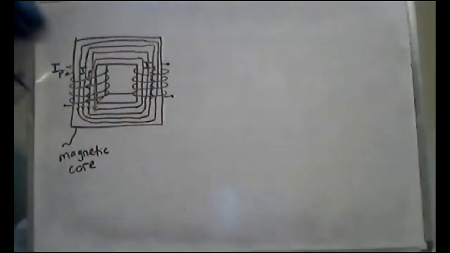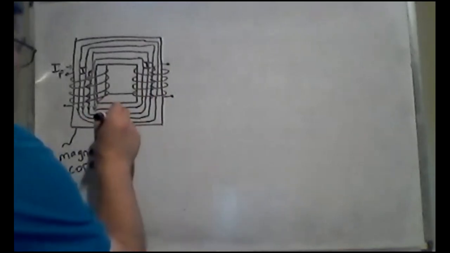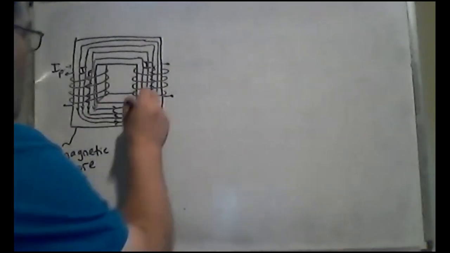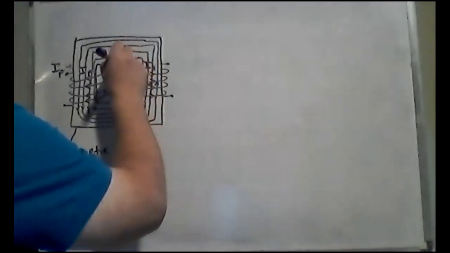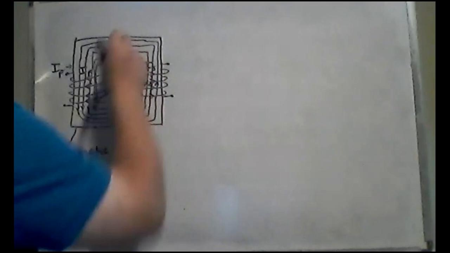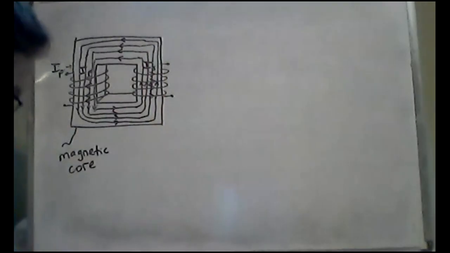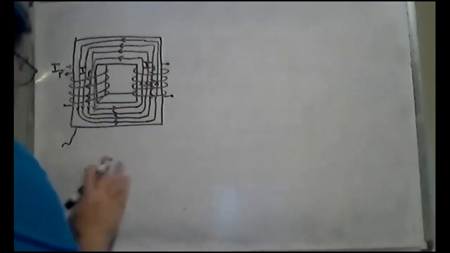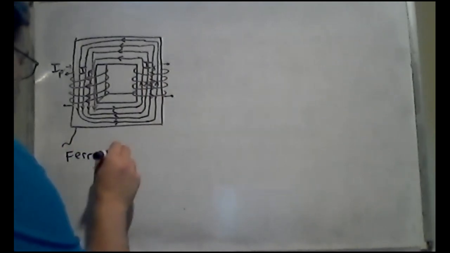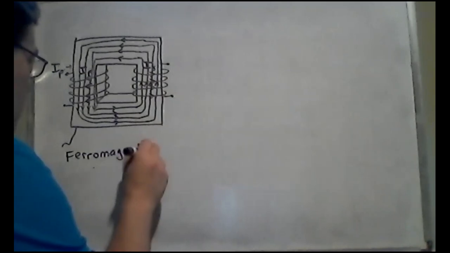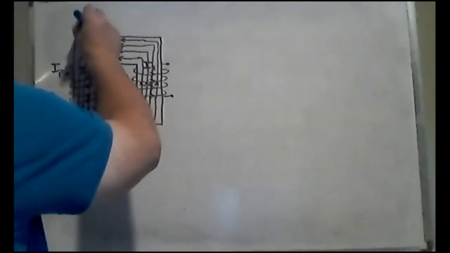These are the magnetic field lines. They come up. Okay, so this is a ferromagnetic core. That's what's happening here. So now what we have here is a transformer.